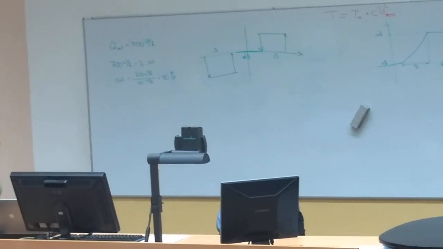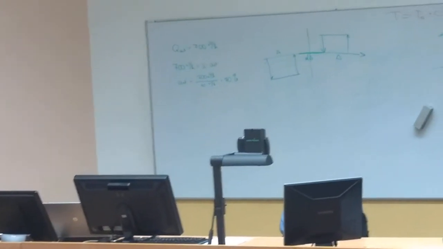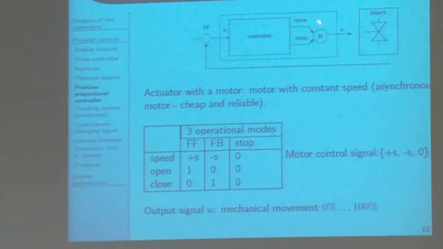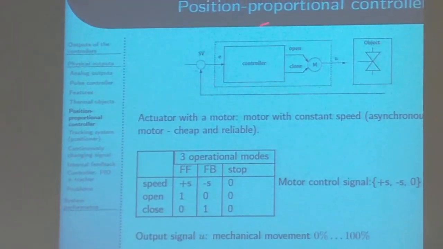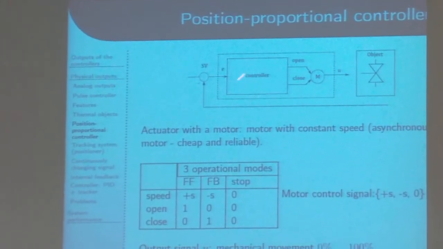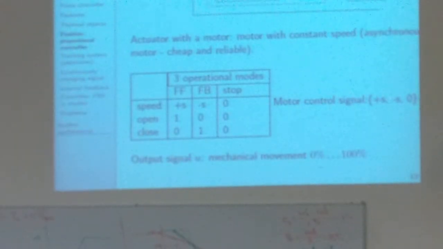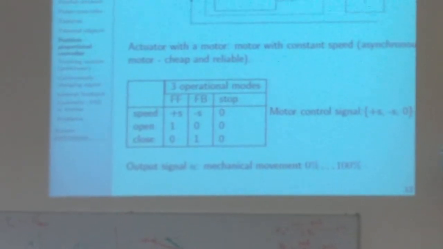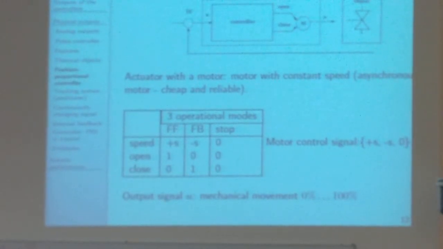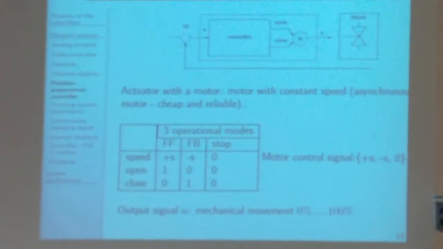So in that case, we can consider it just a proportional controller. But in that case, it is very hard to control our object, and further slides will show you why.